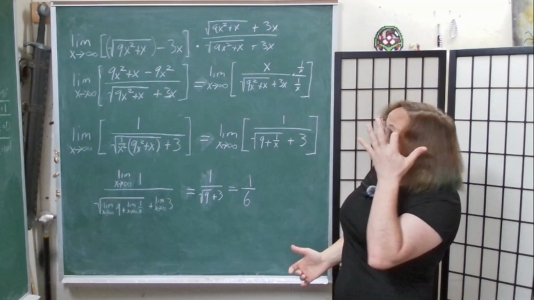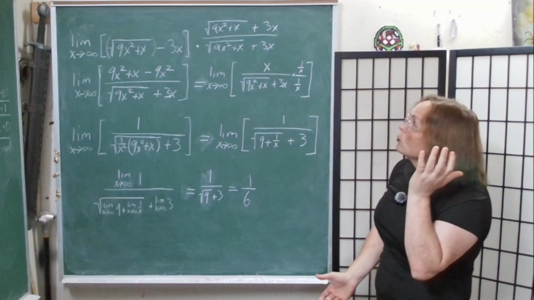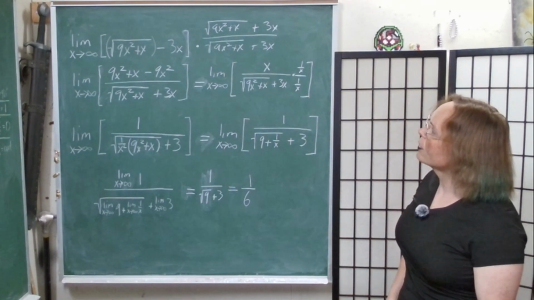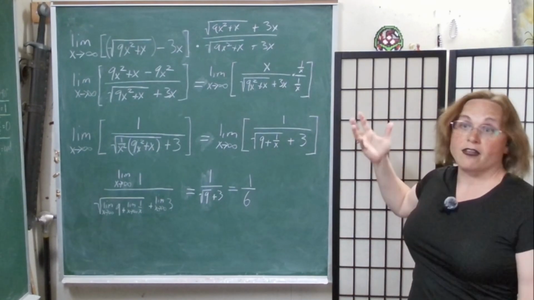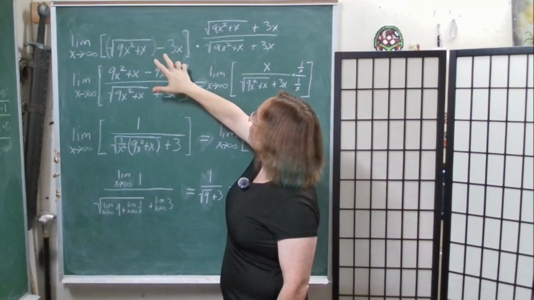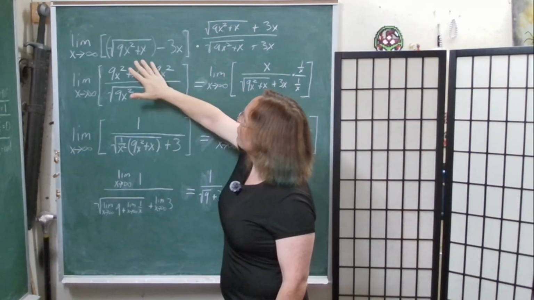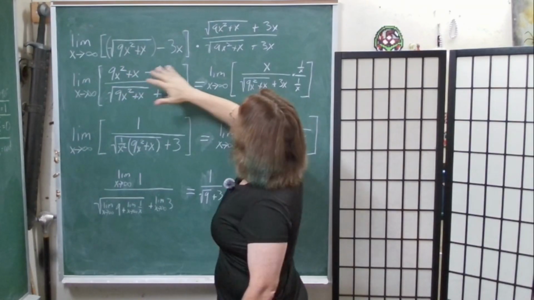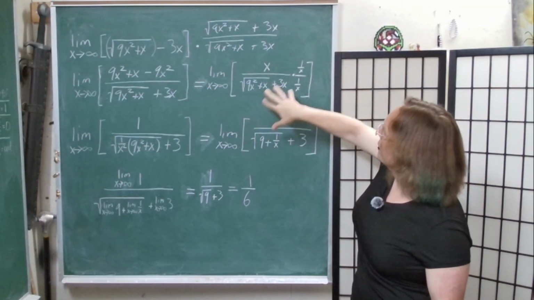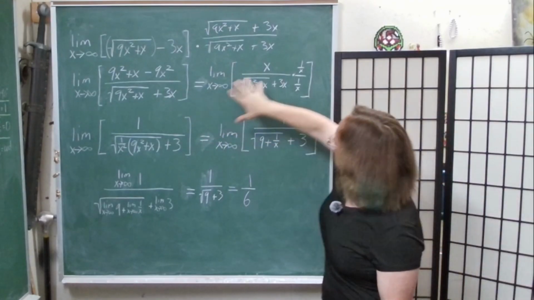So we need to see if there's a way for us to change things up. So the first thing we do is we try to figure out, okay, can we modify things around? And the easiest way to do that is notice that, well, we've got a subtraction here and we've got a square root here. So we try to use our conjugate. And in doing our conjugate here, we mess things around and we get an x in the top.